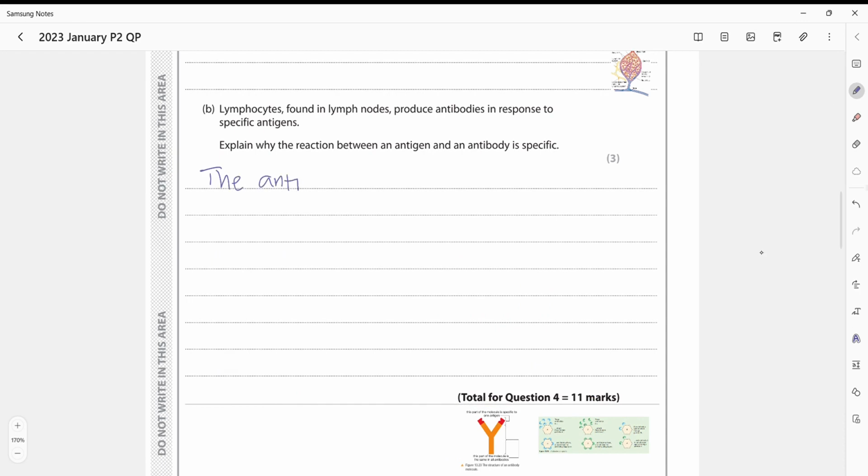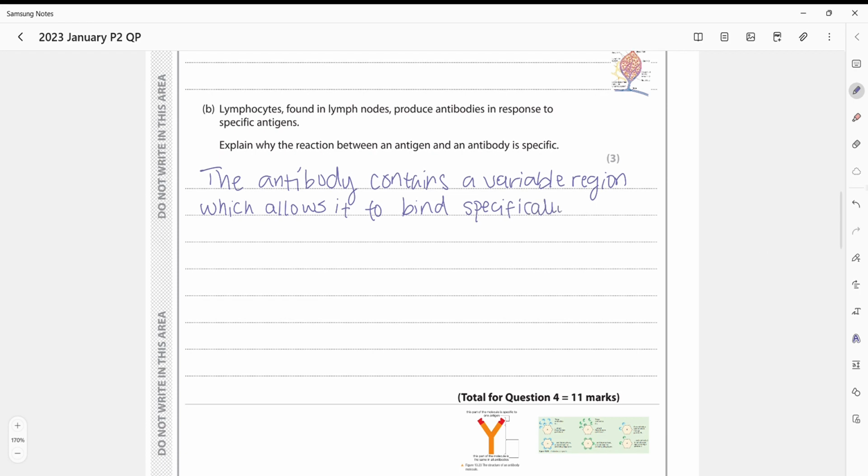The antibody contains a variable region which allows it to bind specifically to an antigen.